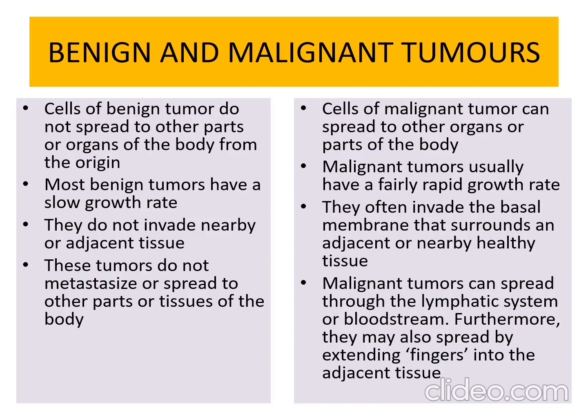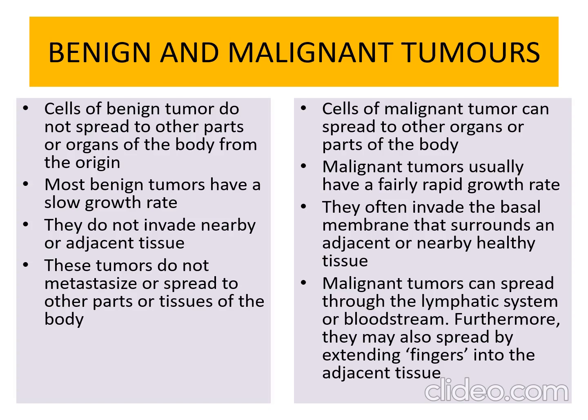The cells of benign tumors do not spread from their origin to other parts of the body, whereas cells of malignant tumors can spread to other organs and parts of the body. Benign tumors have a very slow growth rate, whereas malignant tumors have a fairly rapid growth rate.